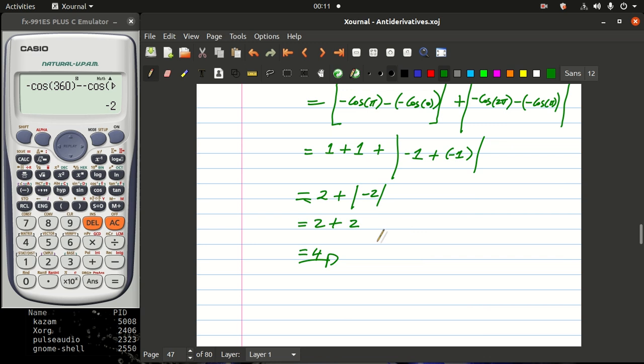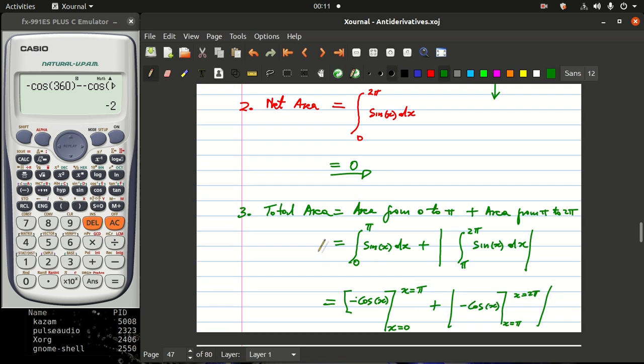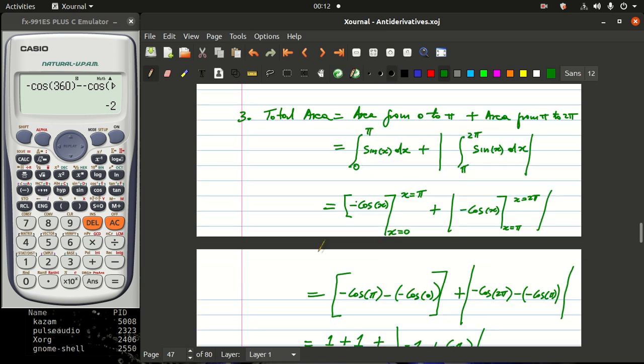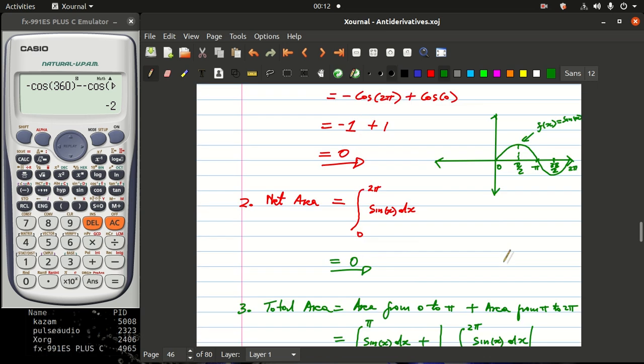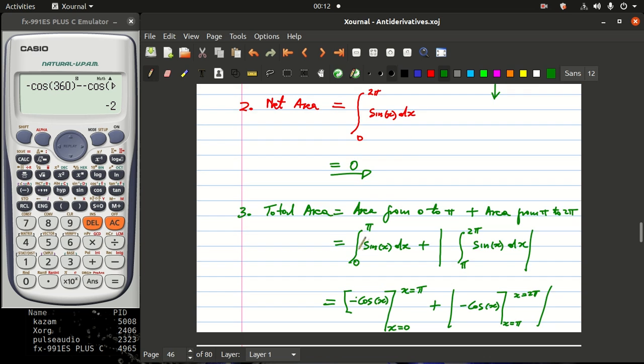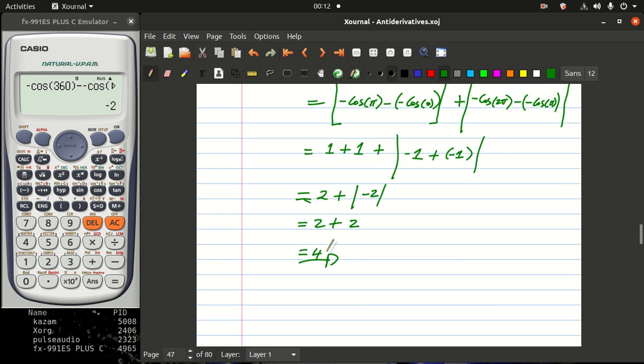We end up having 4 units squared, because it is a total area. Bear in mind that when we're dealing with this one here, the net area, this one cancelled, that is why we ended up having a 0 there, but the total area cannot be 0, it is actually a 4. Hope you can see the difference there.